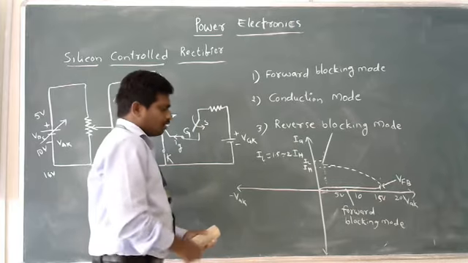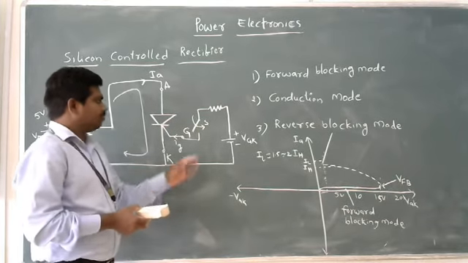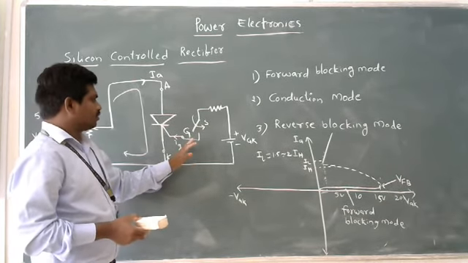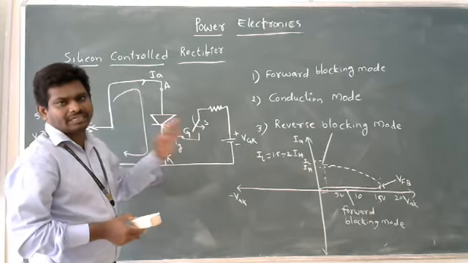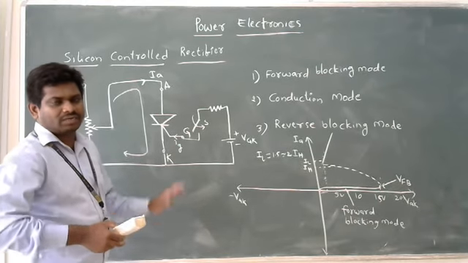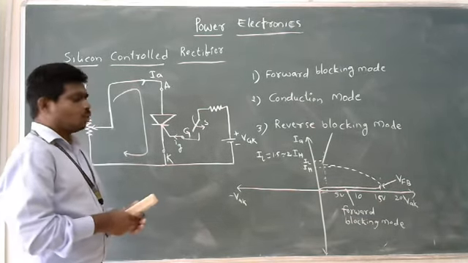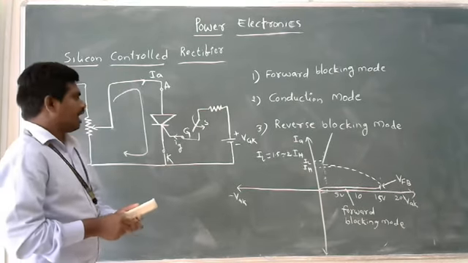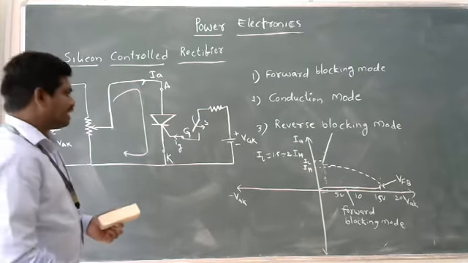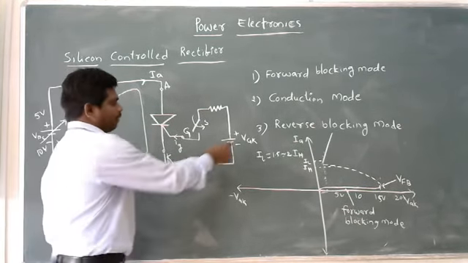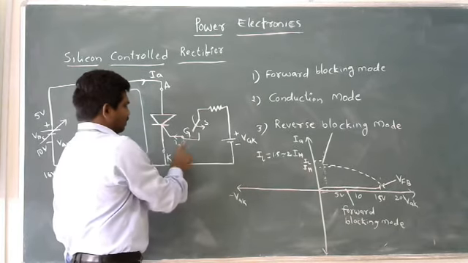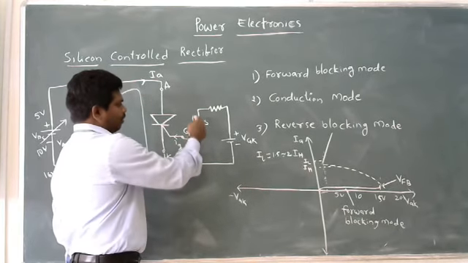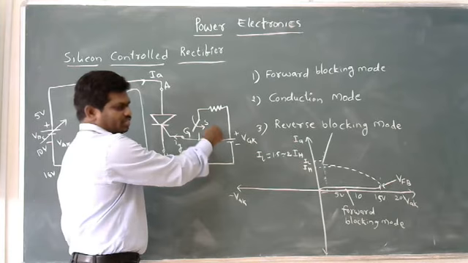Okay. So far we discussed the SCR without a gate signal. Now I am going to switch on the gate signal also. I am applying voltage across gate and cathode by closing the switch.